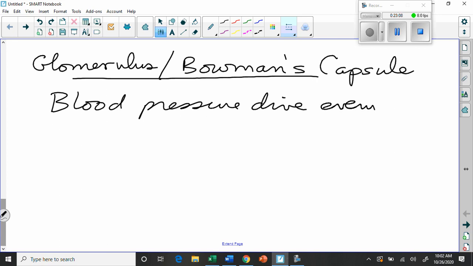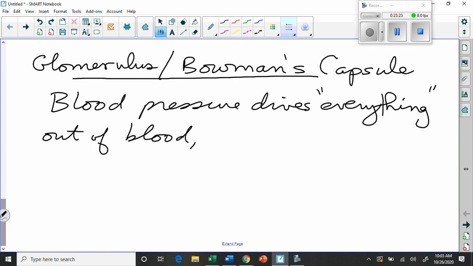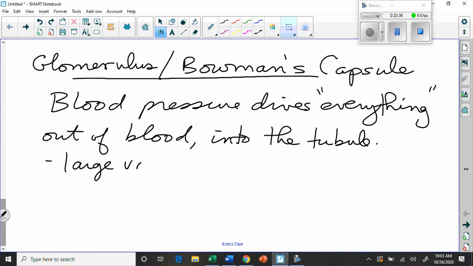Now, I'm going to put everything in quotes. And by everything, I mean the things that we talked about, right? Blood pressure drives everything out of blood into the tubule. This makes for a large volume of filtrate.